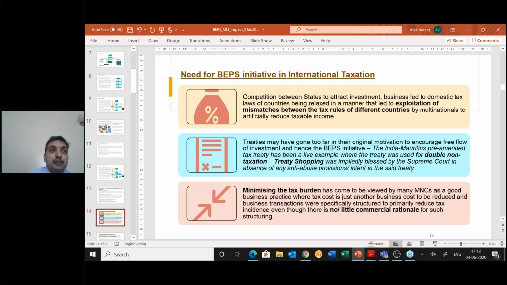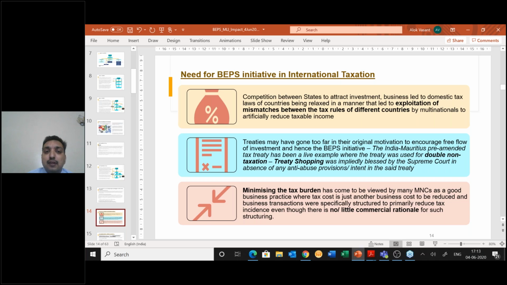So there was competition between countries to attract investment or businesses, which led to domestic laws of countries being relaxed in a manner that led to exploitation of the systems by multinational enterprises, because there were mismatches between the tax rules of different countries, and in the process they could artificially reduce the taxable income.